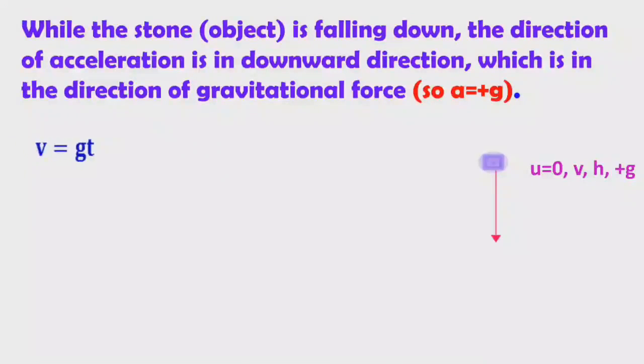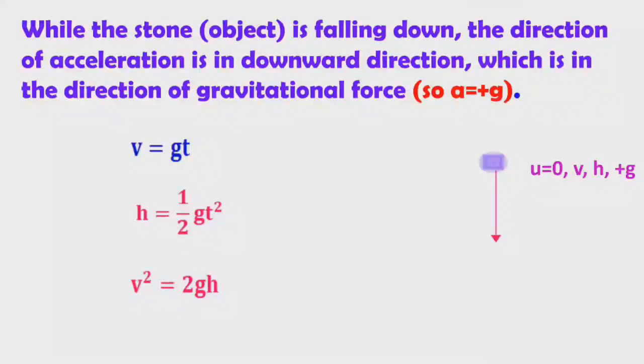By substituting these values, we will get v equals gt, h equals half gt squared, and v squared equals 2gh.